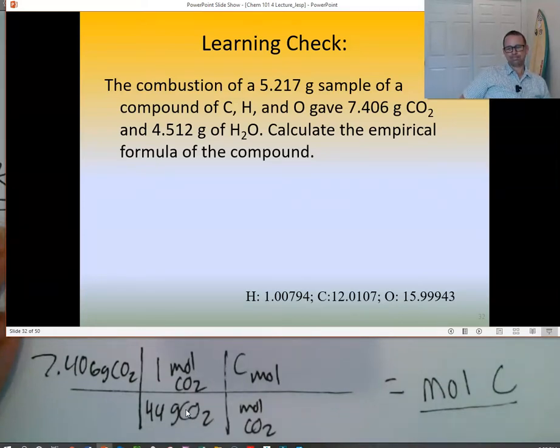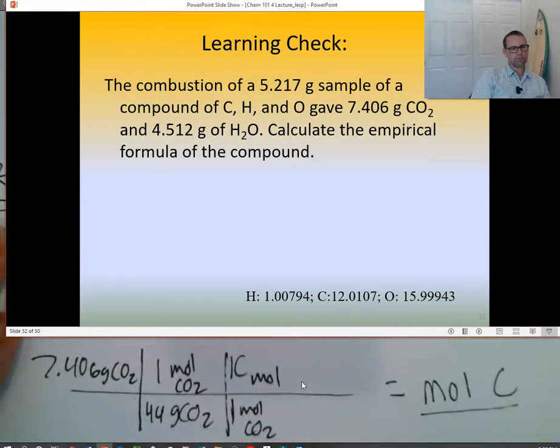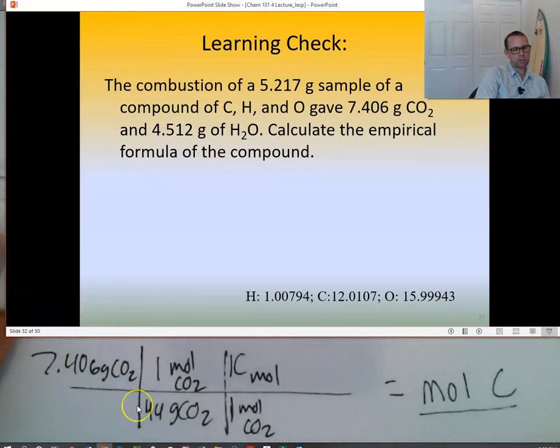Right? Okay. How many moles of carbon are there for every mole of carbon dioxide? If I have a mole of carbon dioxide, how many moles of carbon does it have in it? Just one. So that's a 1-to-1 ratio there. Very good. So I just have to take the 7.406 and divide it by the 44.